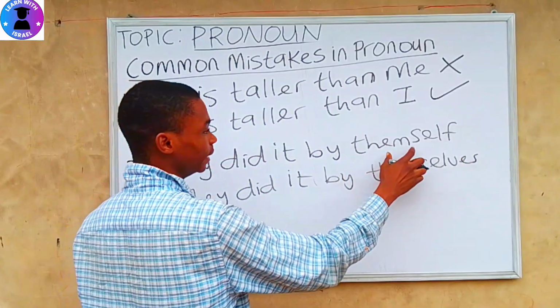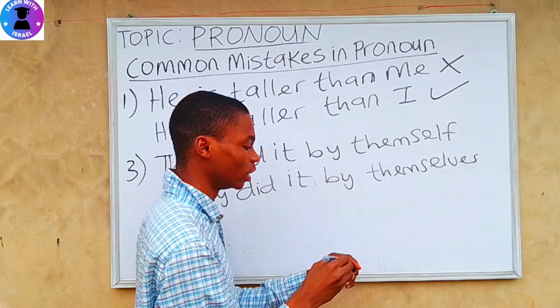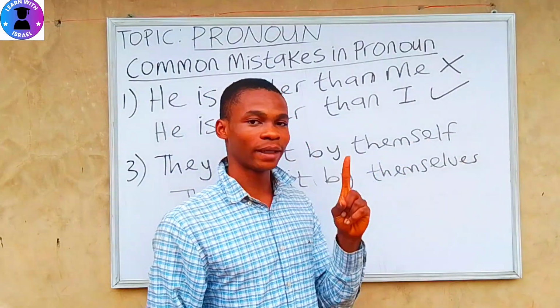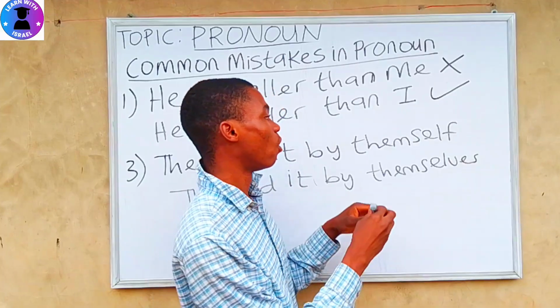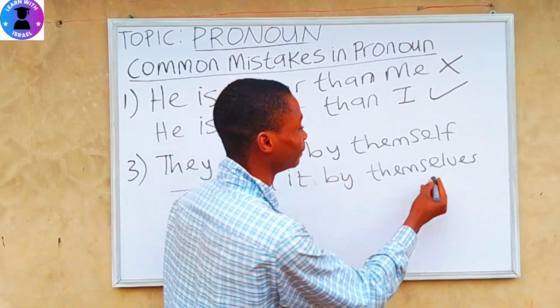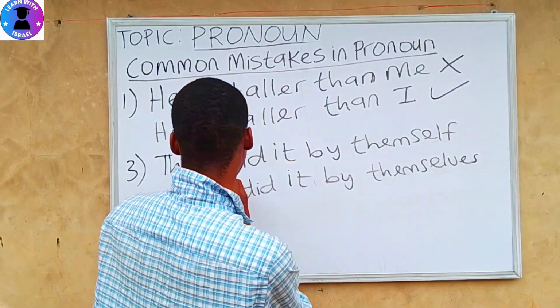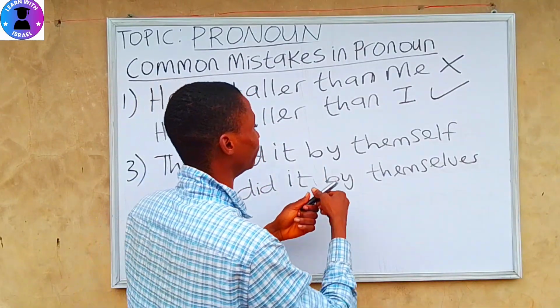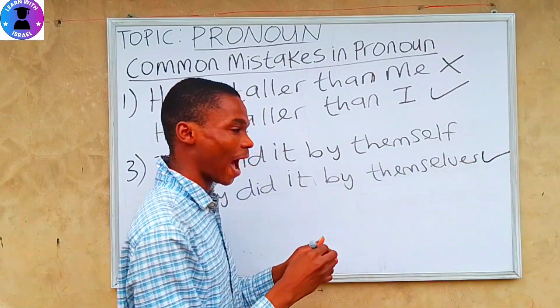It is wrong to say themselves, because of what? Because it's more than a single person. Self means one person, one particular person, but once it is more than one, it is themselves. They already let us know that they are more than one. So they did it by themselves is the appropriate answer.